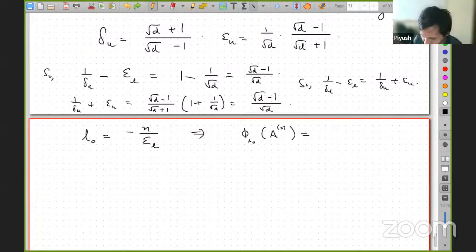What is the lower value? So the initial matrix, all eigenvalues are 0. L is minus n over epsilon L. So each one contributes exactly n over epsilon L. So this is epsilon L.